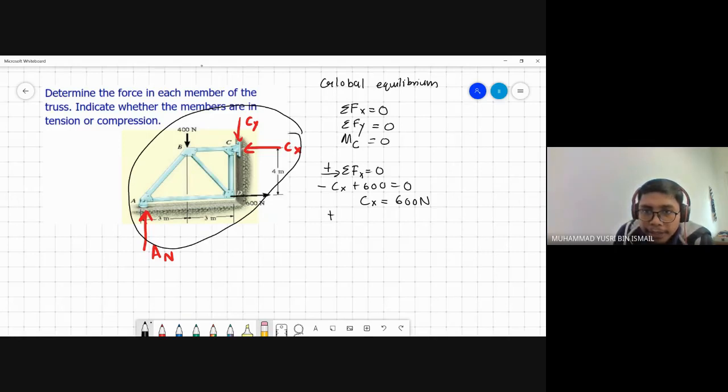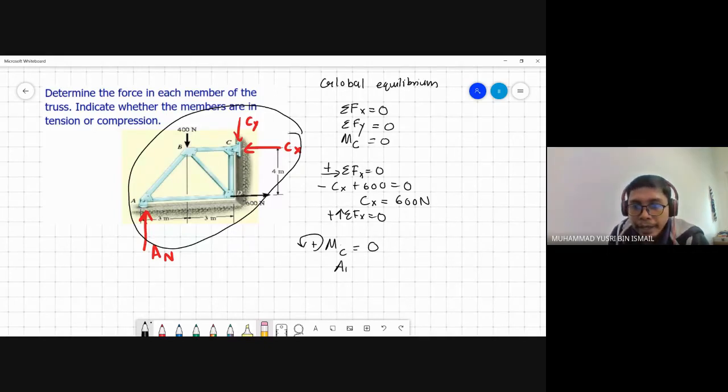And then summation of Fx equal to 0. But before you calculate the summation in the y-axis, you need to determine the normal force at A. So how do you determine the normal force at A? You can use moment at C, and you will get the value of AN.